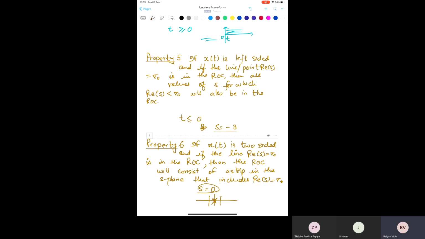If s equals 0 is in the ROC, then there will be a strip around it, meaning there will be points on the negative side of it and the positive side of it also. You will understand it more clearly with the help of some examples. So let's start with an example based on this.